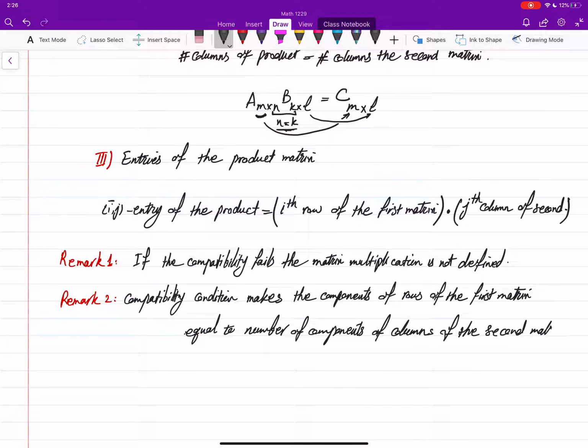So that's why we can take them as two vectors coming from the same dimension, and we can multiply them. We can find the dot product. The result would be one number, and we use those, put all these entries in, and find the product matrix. Let's do examples.